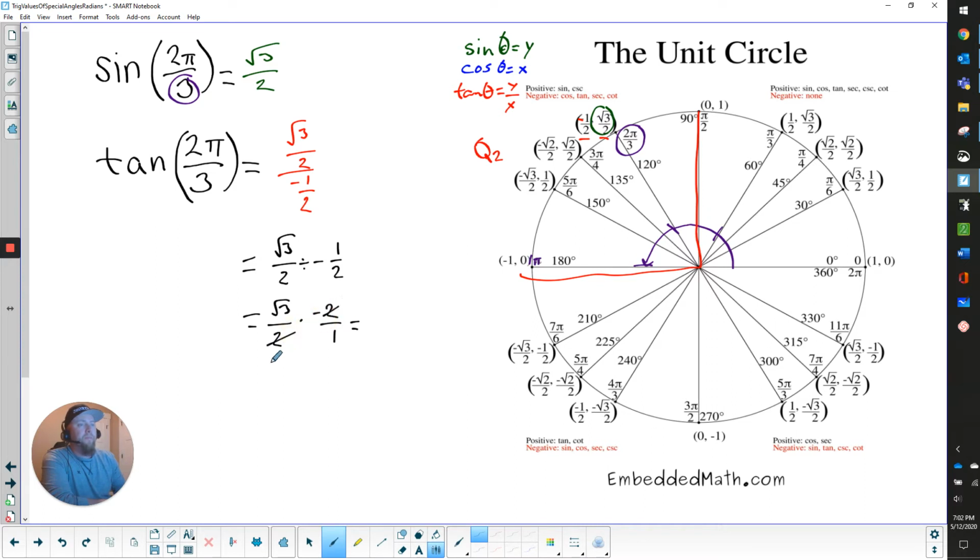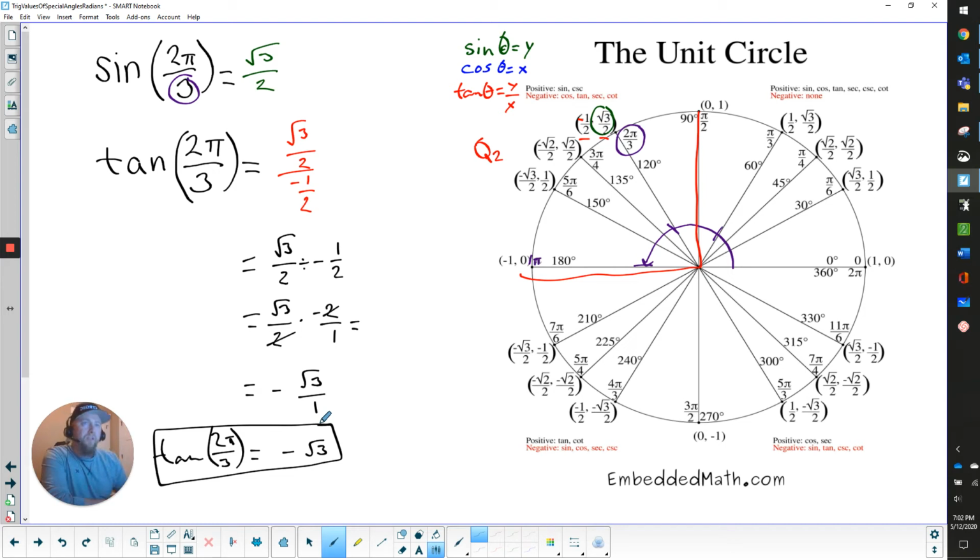So you're going to end with a negative root 3 ratio. So, for tangent of 2 pi thirds, technically it's negative root 3 over 1, but it's nice to clean that up when it's got a denominator of 1. All right, a couple more examples.